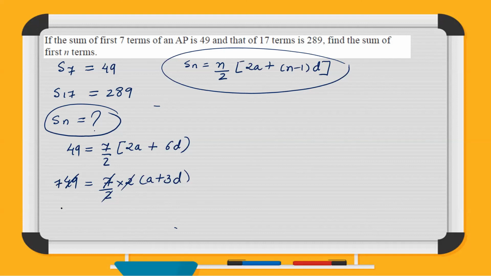So the first equation that we get is a plus 3d is equal to 7. This is your equation number 1.